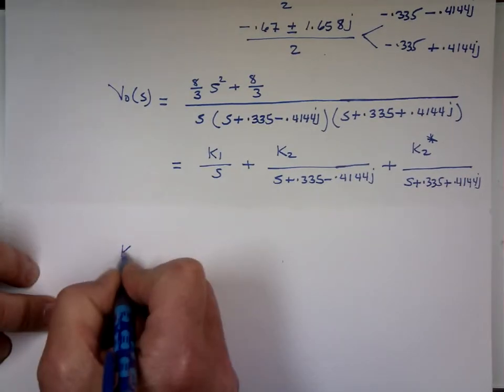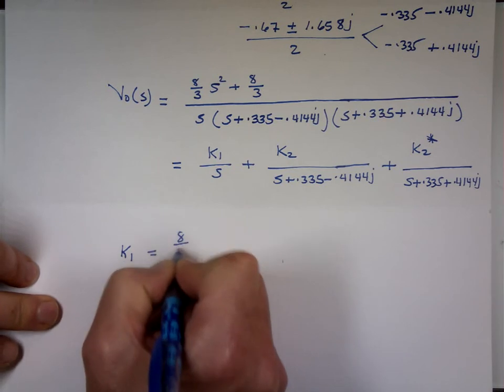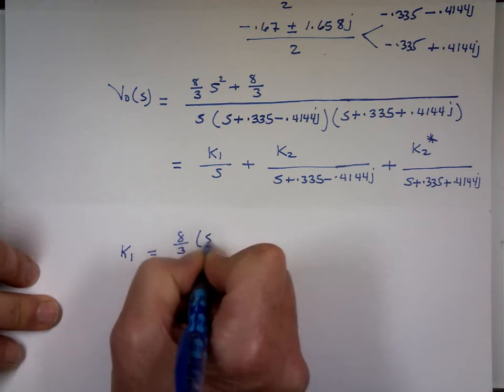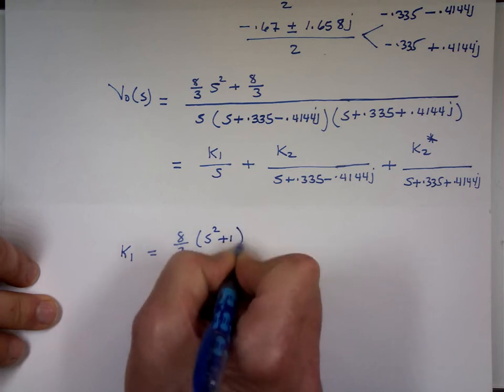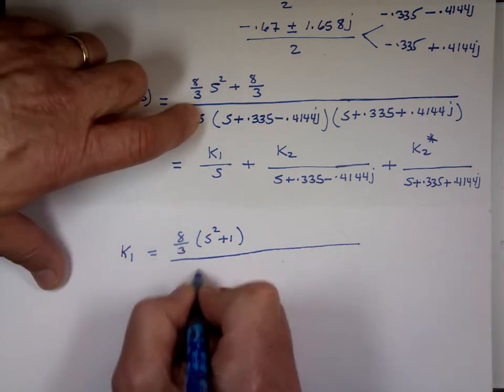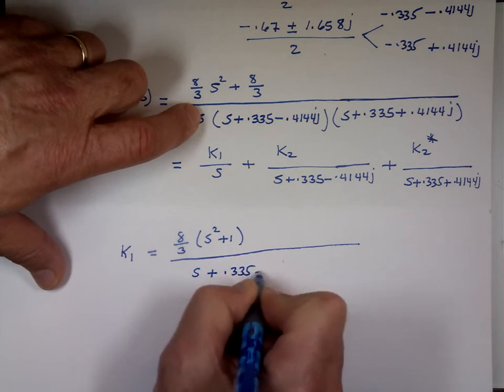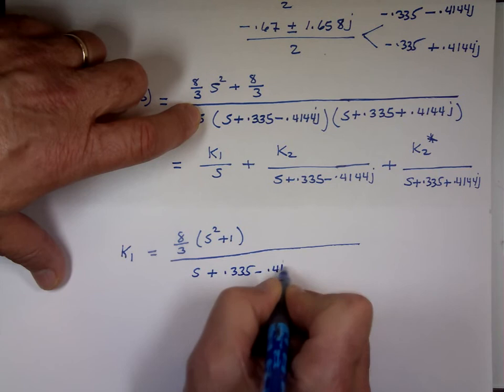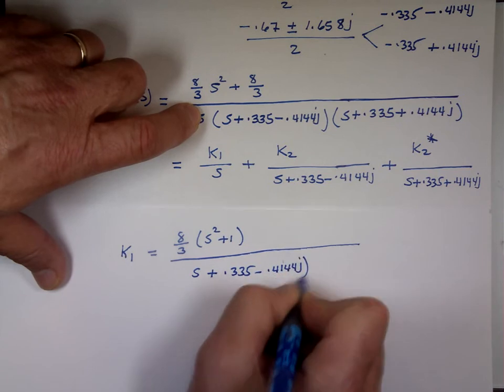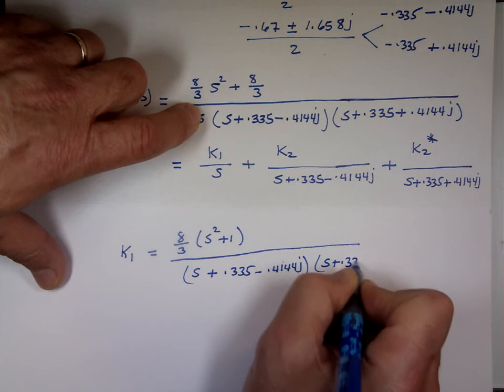So you want to take 8 over 3 out, S squared plus 1, leave it like that, over, take the S out, S plus 0.335 minus 0.4144J, S plus 0.335 plus 0.4144J.